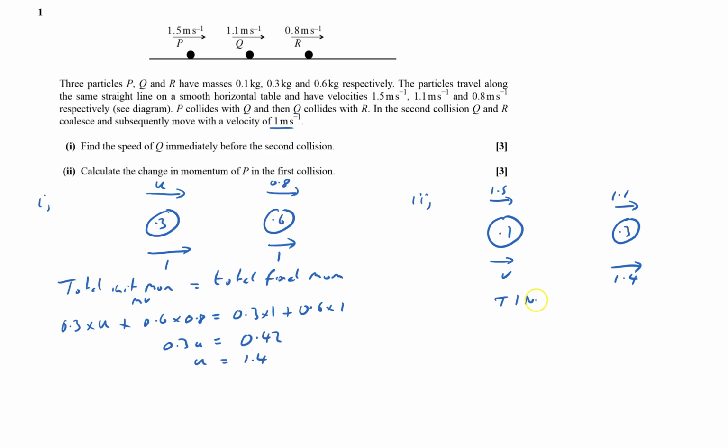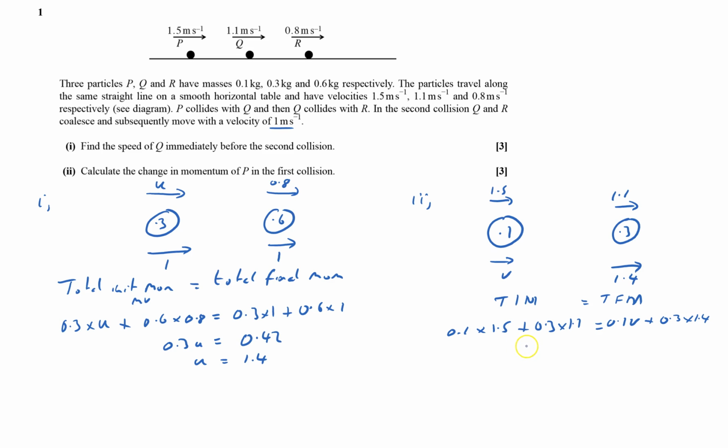Yet again, total initial momentum equals total final momentum. So mass 0.1 times by 1.5 plus 0.3 times by 1.1 equals 0.1 V plus 0.3 times by 1.4.